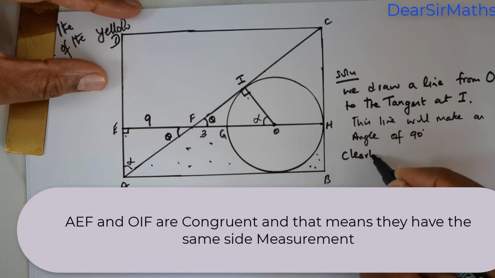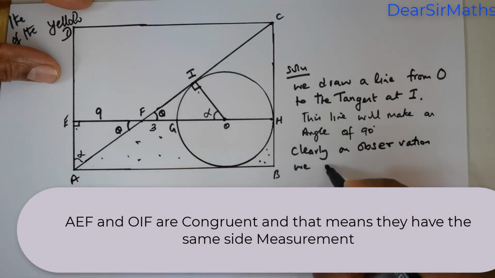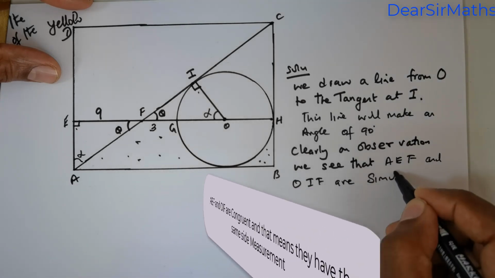So both these triangles are similar in nature. Clearly, on observation, we see that AEF and OIF are similar.